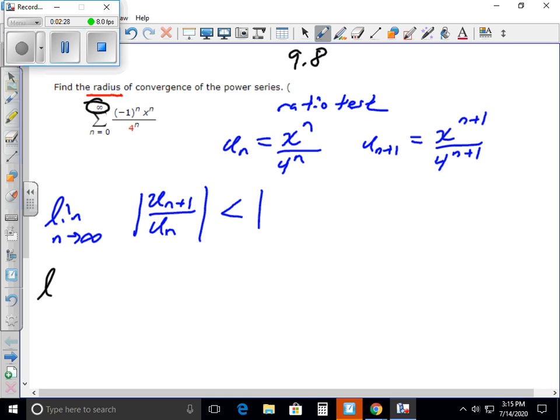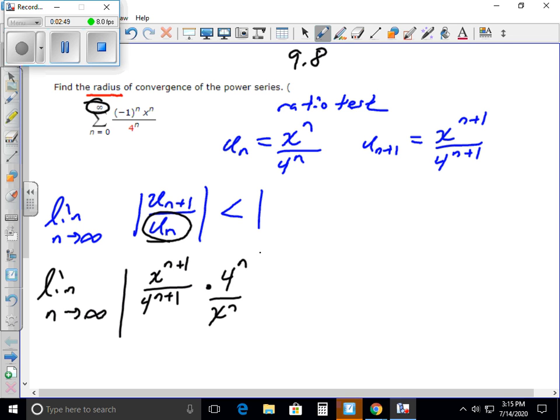So we're going to take the limit as n goes to infinity of x to the n plus 1 over 4 to the n plus 1 divided by that. And when we divide by that, we multiply by the reciprocal. So 4 to the n over x to the n. And we want to find out when is that less than 1.